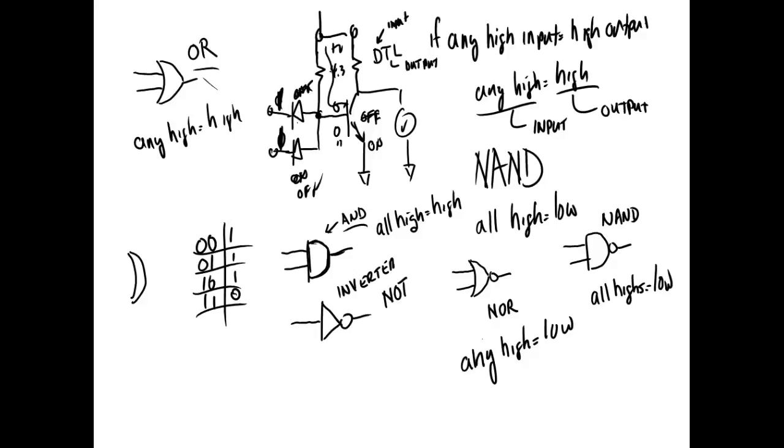What are they? AND, OR, NAND, NOR, and NOT. They're the 5 basic logics. The name of the gate is an inverter, but the logic is a NOT.